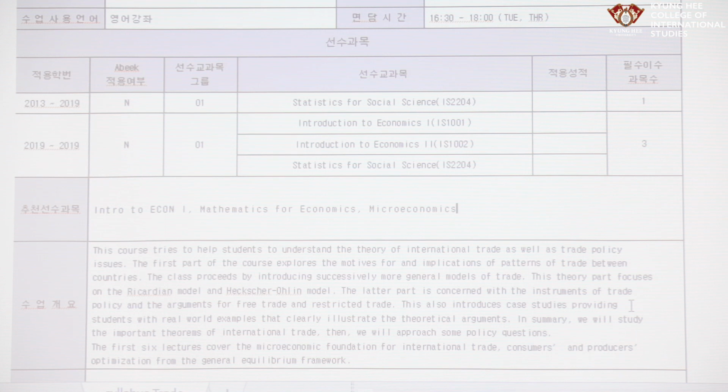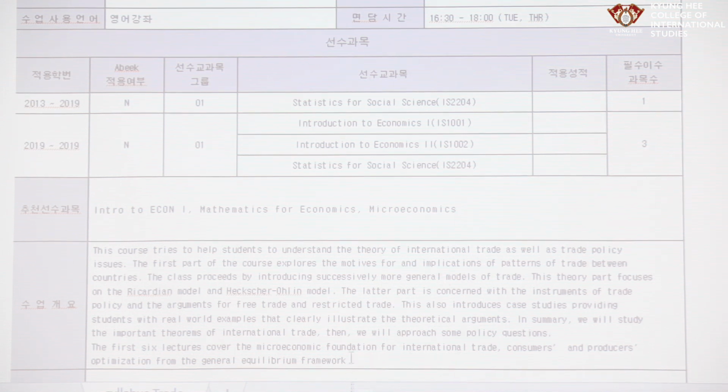Right? And more important than this one is this one. The first 6 lectures, the first month, cover the microeconomic foundation for international trade. Lots of students are not ready to start the international trade lecture because this theory part, the Heckscher-Ohlin model or the Ricardian model, is based on microeconomic foundations.